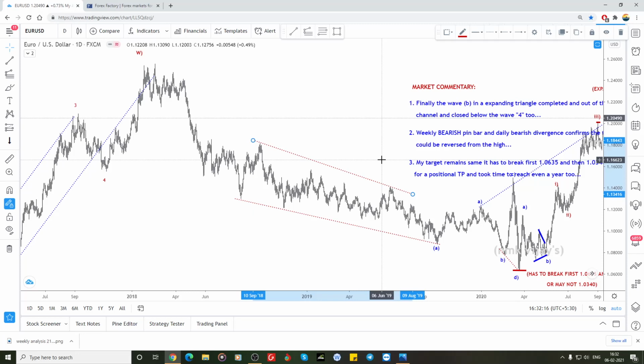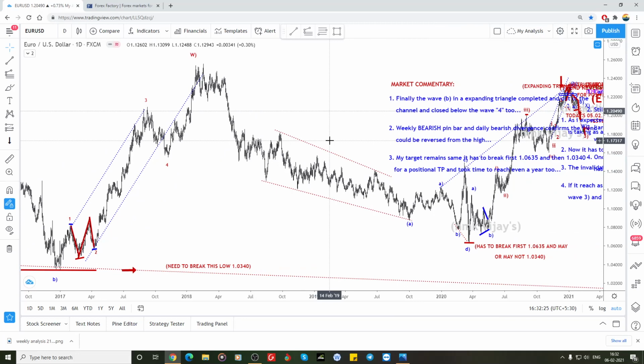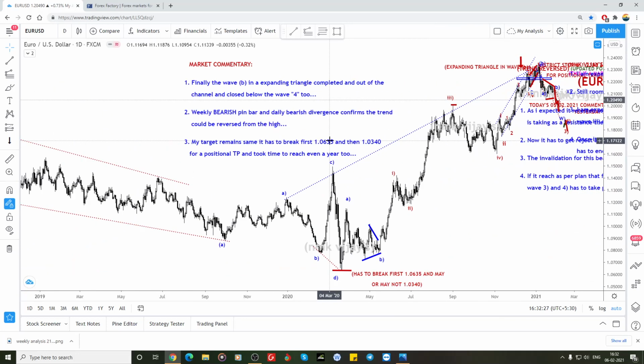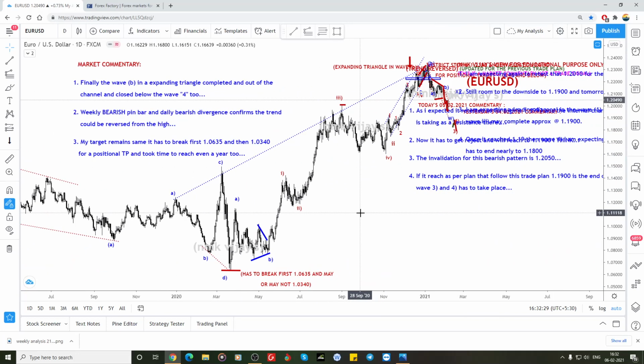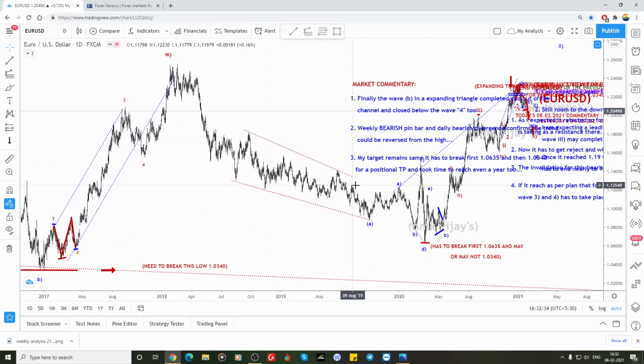Look for my educational post. I will add the trend line and channel post. It's already ready, and I will upload that video next week. These channels and wedge formations are only for identifying the pattern. We need not trade according to that.